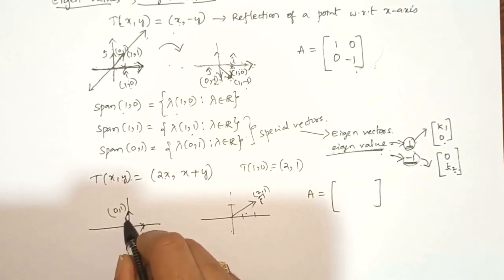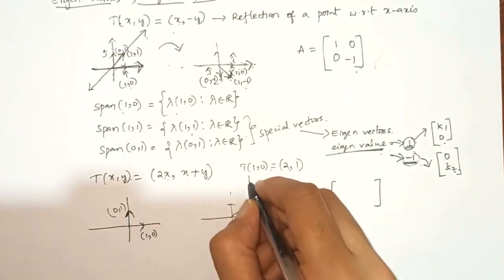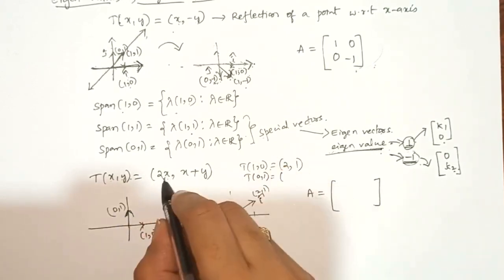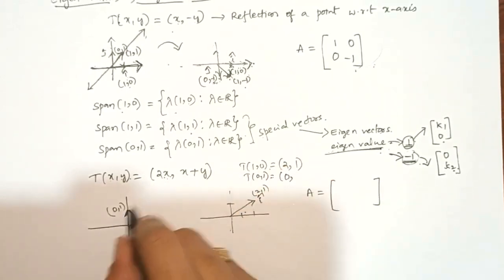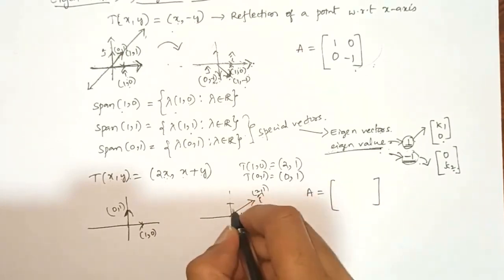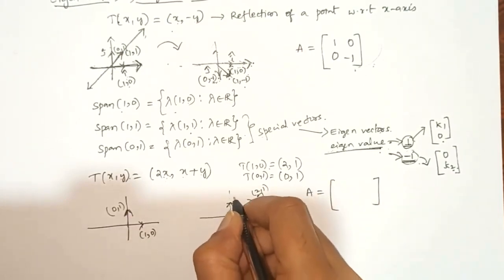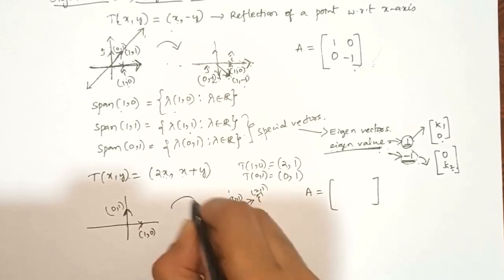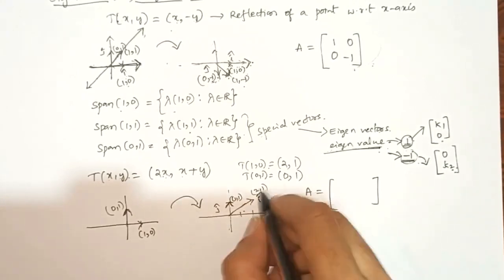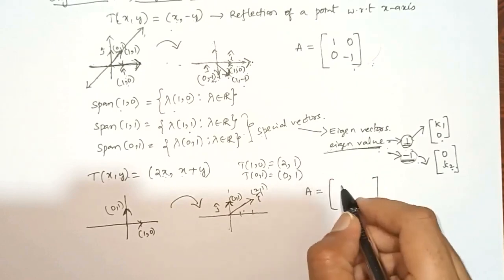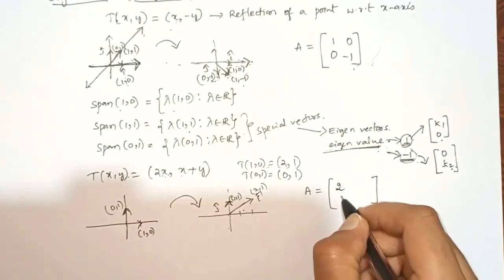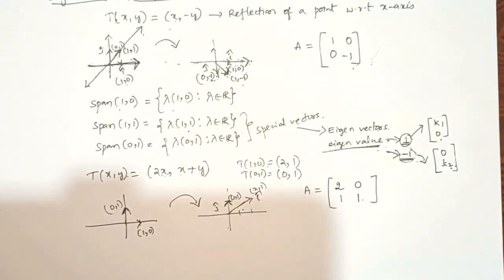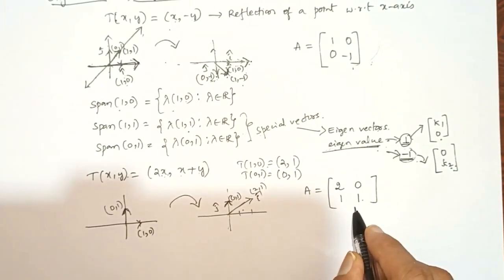Now (0, 1) goes to (2 into 0, 0 plus 1), so (0, 1) remains at the same position. This is the j cap after applying the transformation. Therefore, the matrix of the linear transformation is: i cap goes to (2, 1), written column-wise, and j cap goes to (0, 1). This is the matrix of the linear transformation.